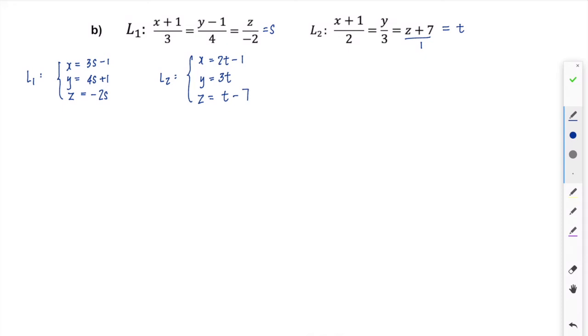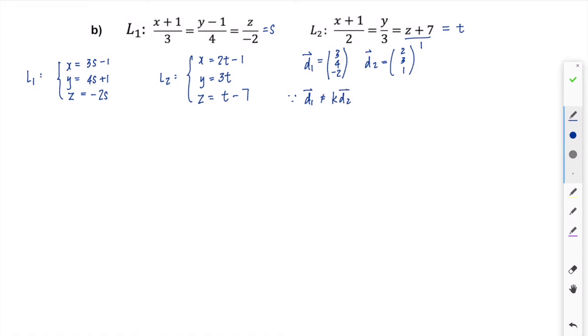Okay, let's compare D1 and D2. So direction vector of line 1 is 3, 4, negative 2, the coefficients of s. D2 is 2, 3, 1. I don't think I can write these as scalar multiples of each other.